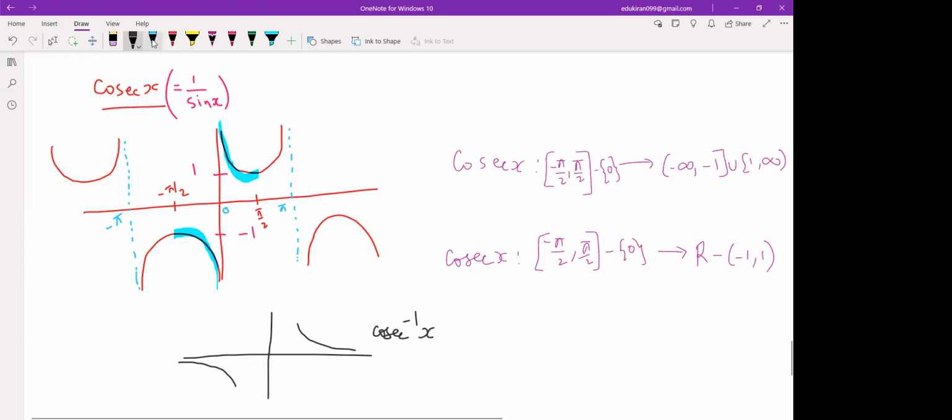As you can see, above 1, you are getting pi by 2. So here at 1 you will get pi by 2. And as it is going towards infinity along y, here it will go to infinity along x. And here at minus 1, it is minus pi by 2. This is the origin.